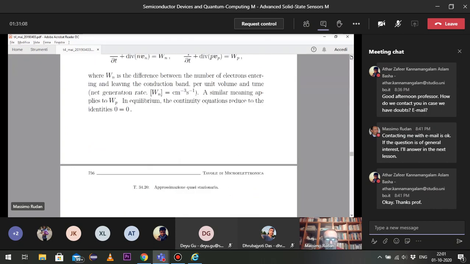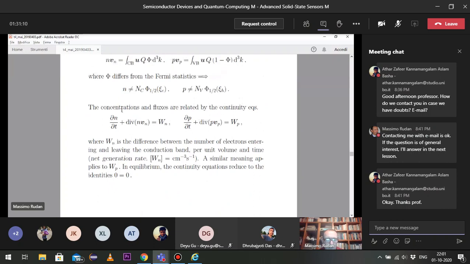We are not allowed to neglect the time derivative of n and the time derivative of p if we are in a dynamic condition. dn over dt and dp over dt must be kept in the equations, okay?